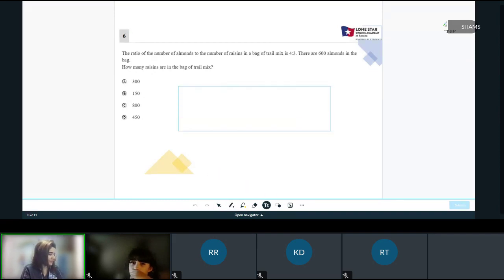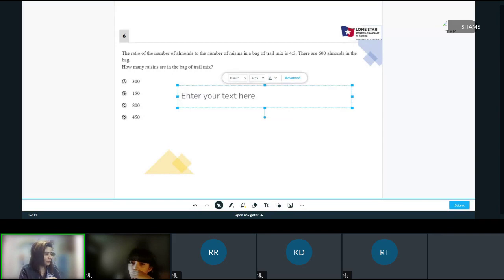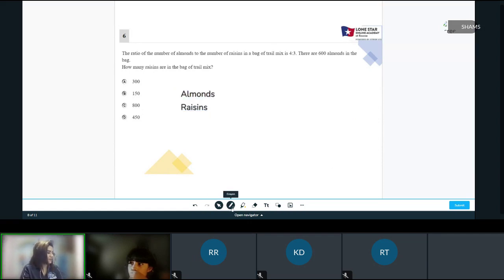The ratio of the number of almonds to the number of raisins, and they tell you that the ratio is 4 to 3. See? Almonds are first, raisins next. So almonds to raisins, the ratio is 4:3.